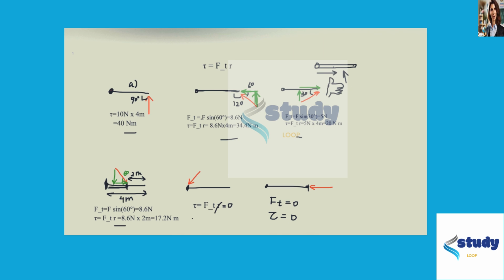This is a very 3D drawing. If you look down, this is your thumb, imagine it's popping out of the paper, and you should have your right hand curved in this direction.